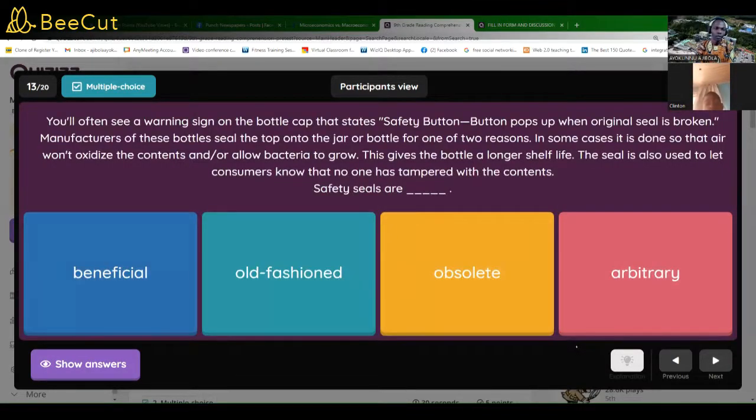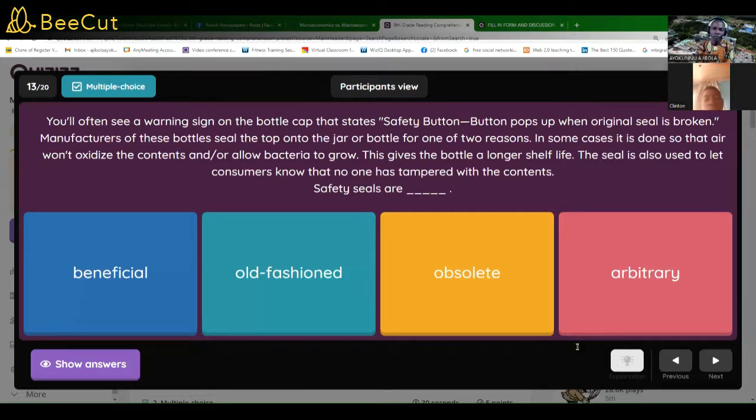You will often see the warning sign on the bottle cap of the safety button. The button pops off when the original seal is broken. Manufacturers of these bottles seal the top onto the jar and the bottle for one or two reasons.